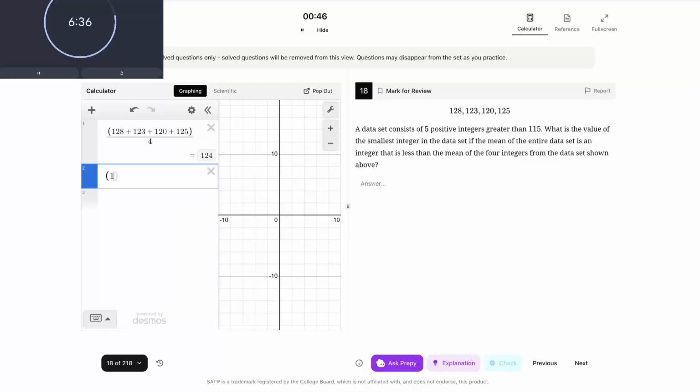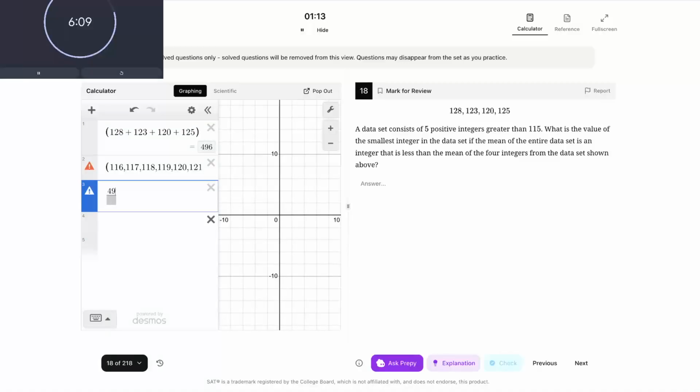So the possible values are 116, 117, 118, 119, 121, 123. So it's within that range, and they give you that. So let's find this value first. So 124. Okay, 124.